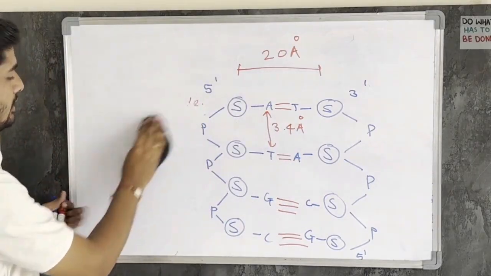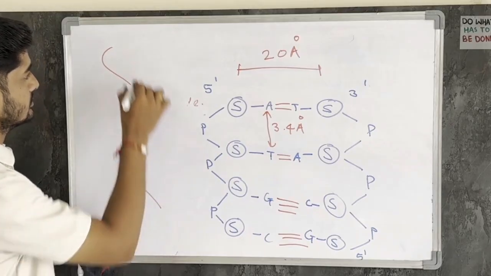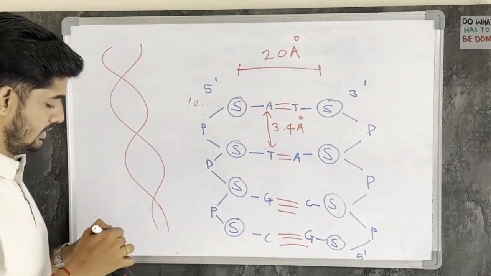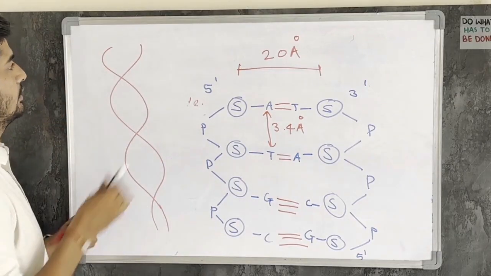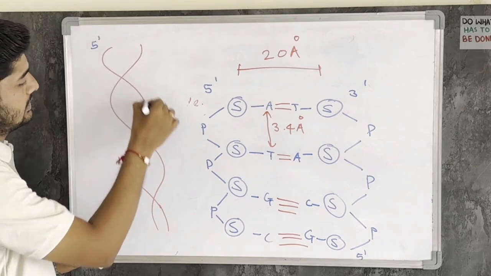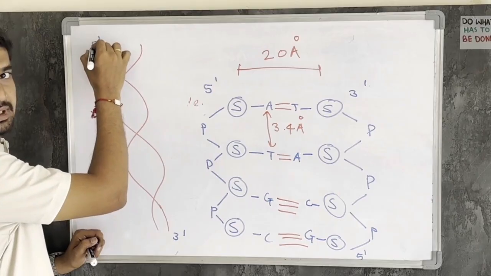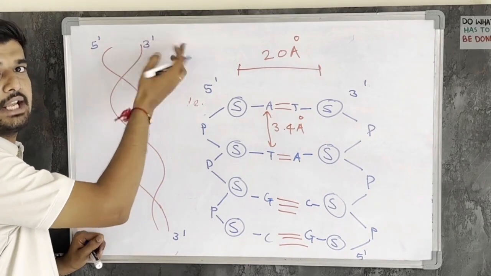So now let's draw a double helix here. There are two strands of the DNA. The polarity of this strand will be 5', and this goes here, and this will be a 3' end. If this is the 5' end, this will obviously be a 3' end, and both strands are anti-parallel to each other.